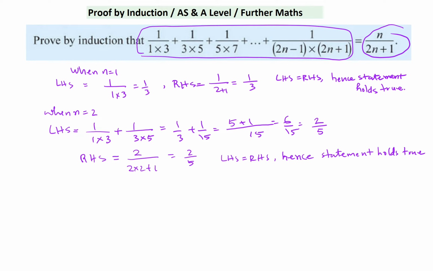Okay, so now let me say that suppose statement is true for some n, for n equals some integer k. So n equals k, where k is a positive integer, right?